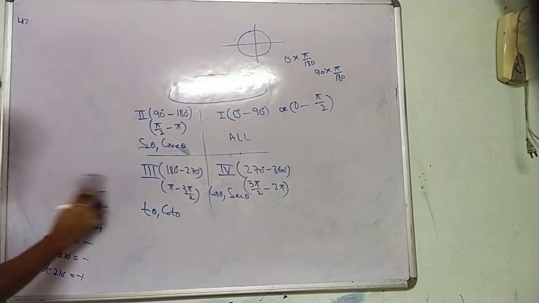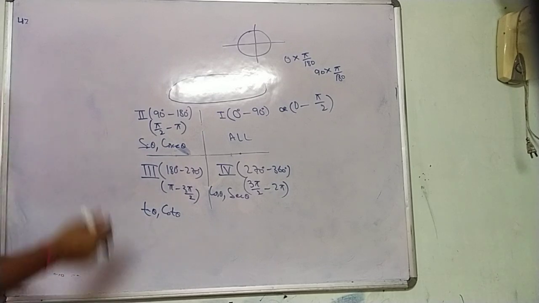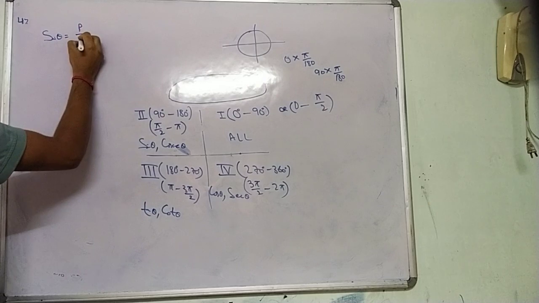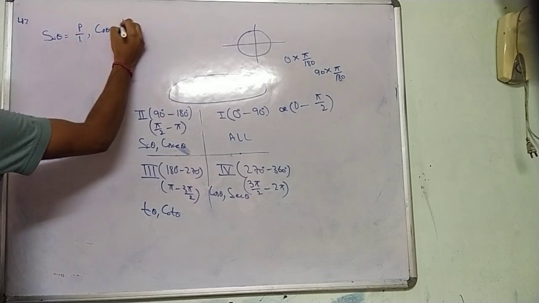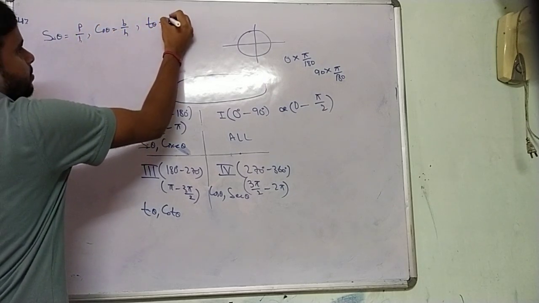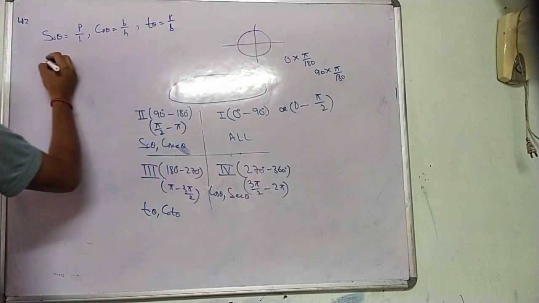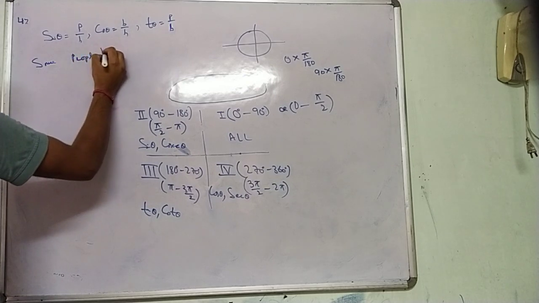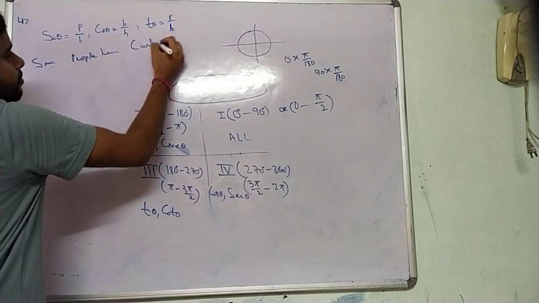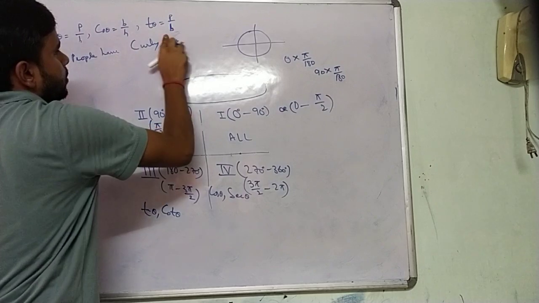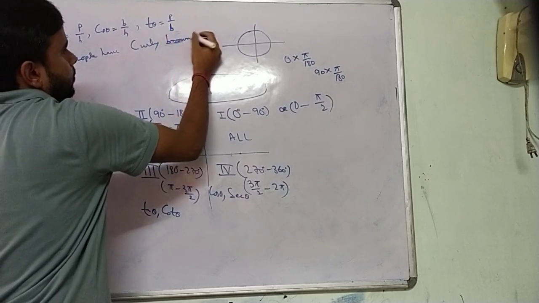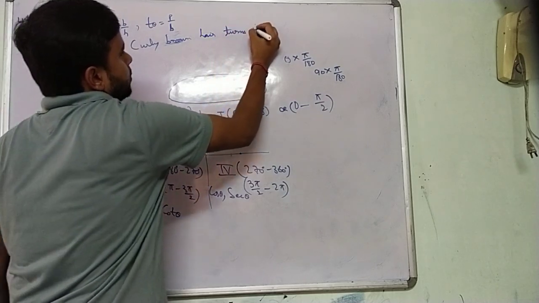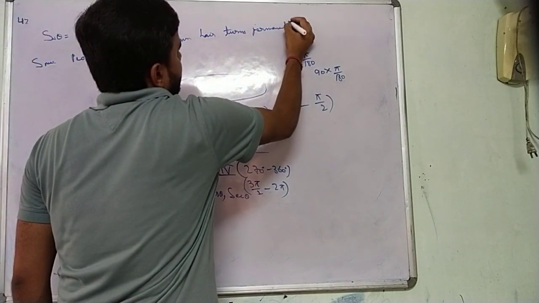Now, see, in order to learn the formulas which you have already seen in class 10, that is sin theta equals p by h, cos theta equals b by h, and tan theta equals p by b, we have mnemonics. Okay, what is that? Some people have curly brown hair, turns permanently black.